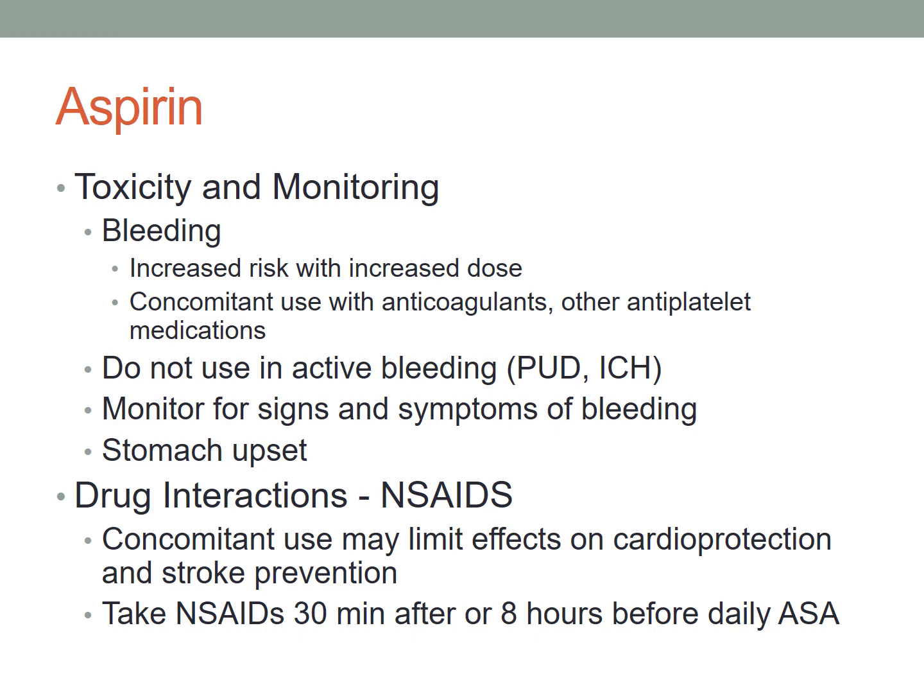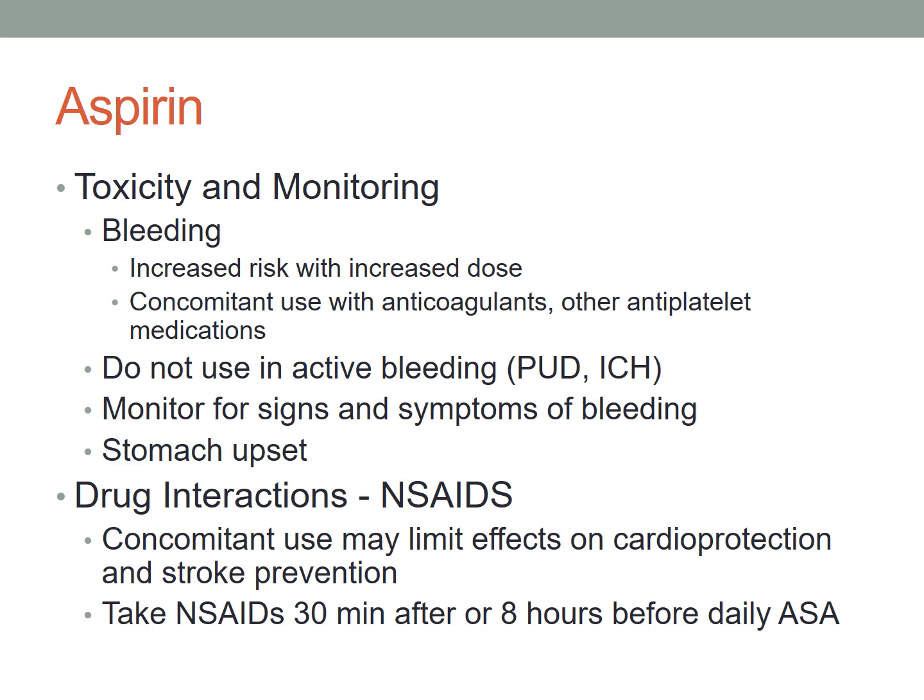It's important to note that using NSAIDs and aspirin may limit the effects of aspirin's cardioprotection. And this is because medications like ibuprofen, naproxen can interfere with the antiplatelet effect, potentially rendering aspirin less effective. What's really happening here, as I said in the previous slide, is that NSAIDs also acetylate the enzyme cyclooxygenase.